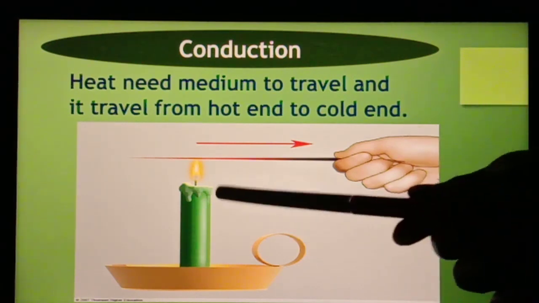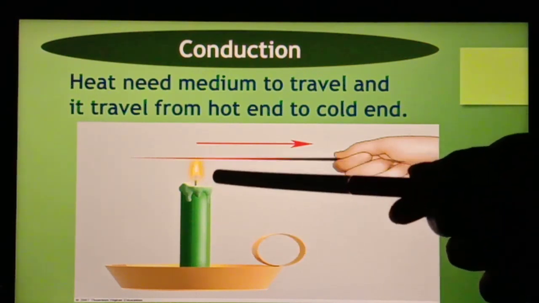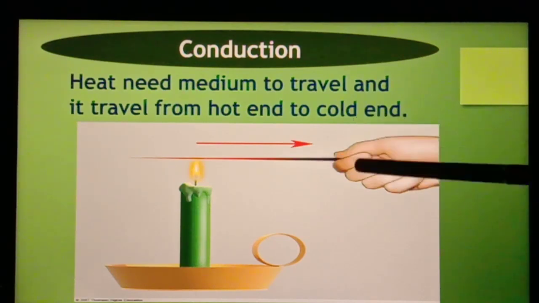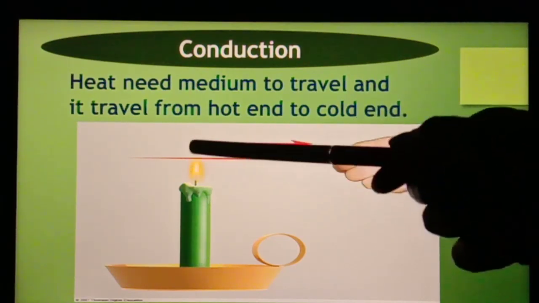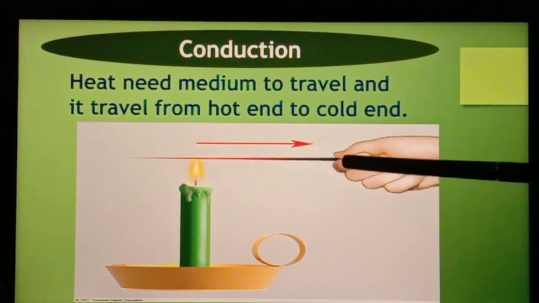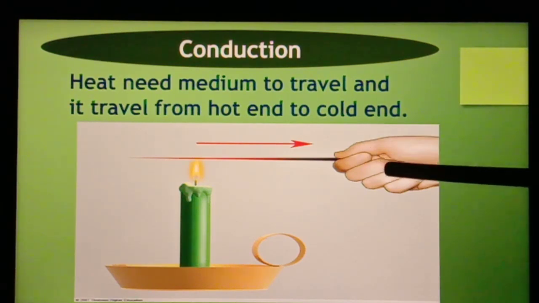As you can see here, you have to take a candle, light up the candle, take an iron rod, put one end of the iron rod on the candle flame and hold the other end of the iron rod in the hand.